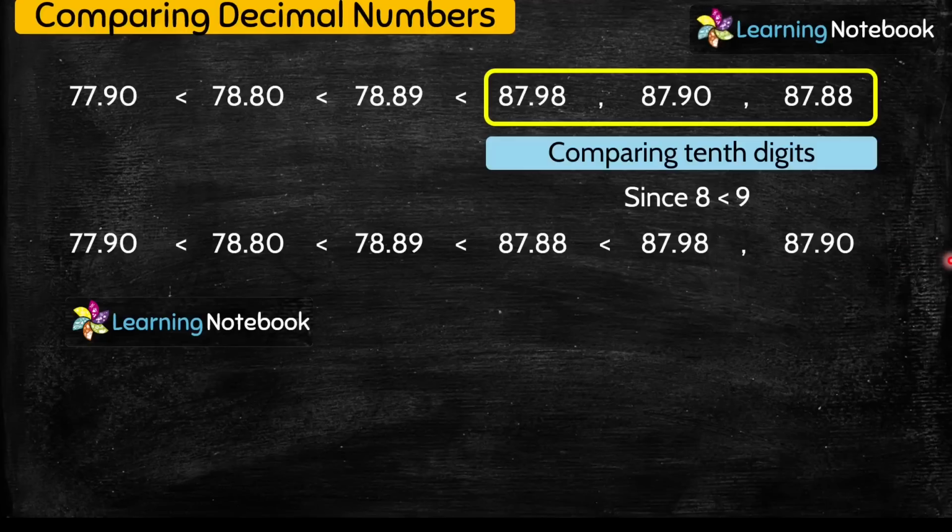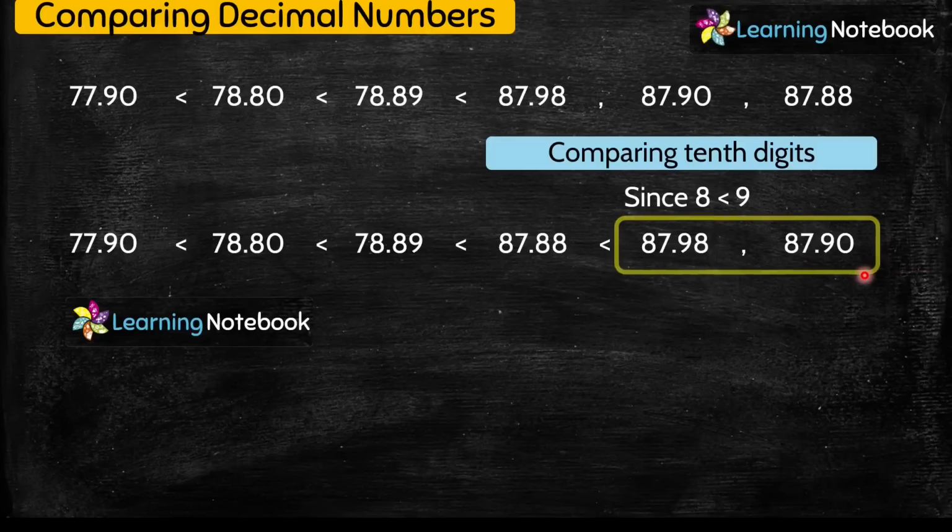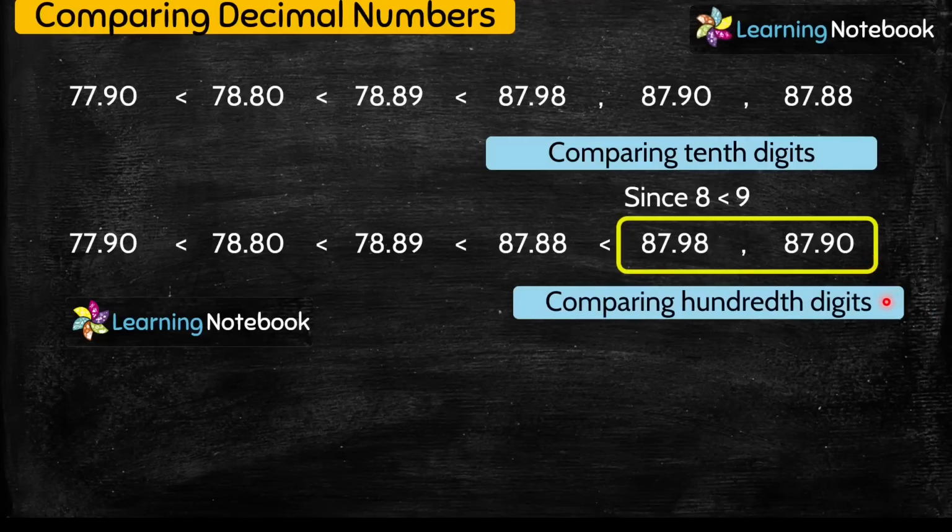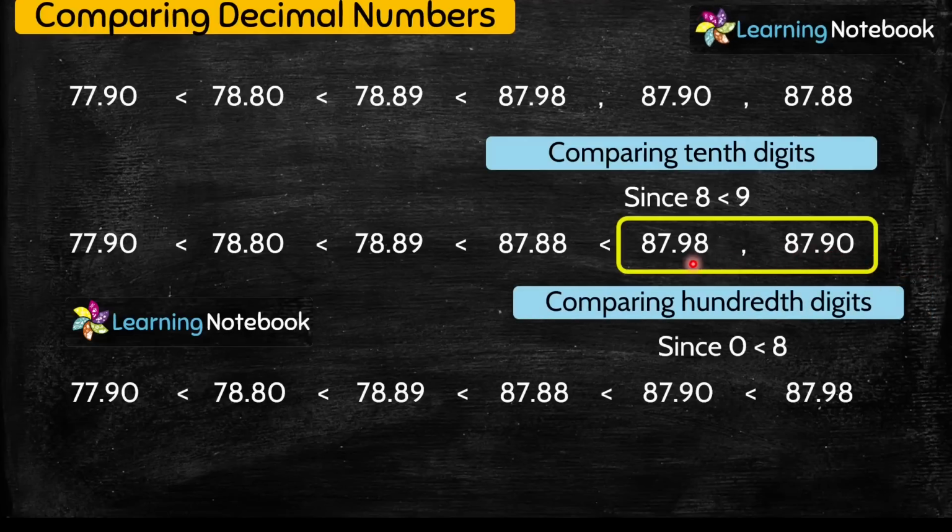Now we will arrange these last two decimal numbers. For this, we will compare their 100th digit. And since 0 is less than 8, so 87.90 is less than 87.98. So students, in this way, we have compared the decimal numbers and arranged them in an ascending order.